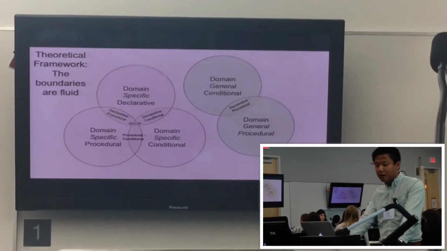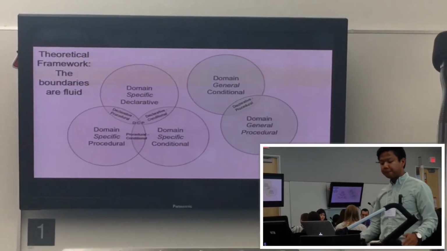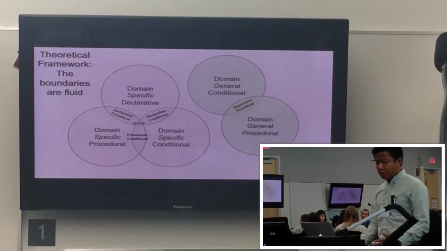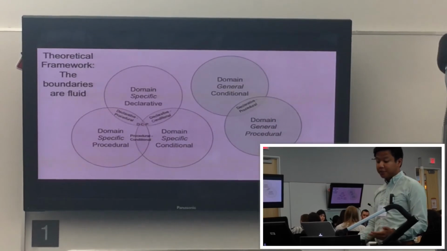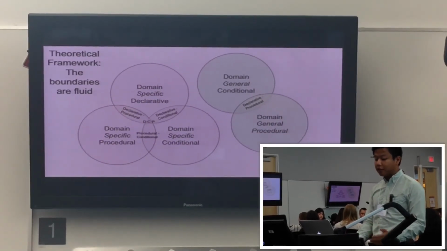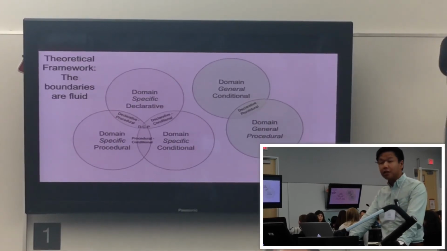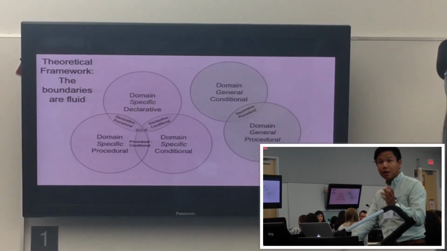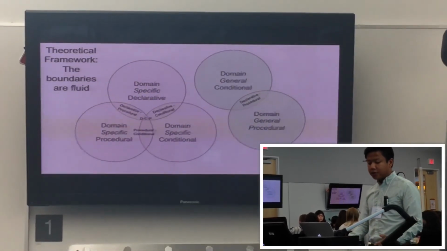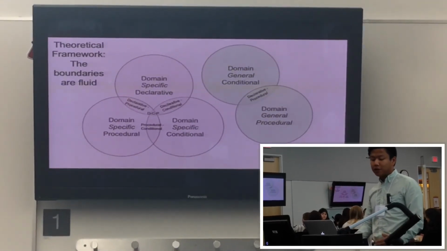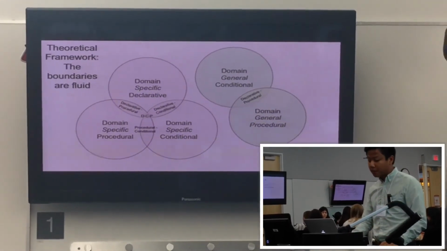And we have modified our model to represent that. So, we found that interactions exist between these categories. We see declarative procedural, declarative conditional, procedural conditional, declarative conditional procedural, a combination of all three. So these are based on our qualitative data and results to support this emerging model.